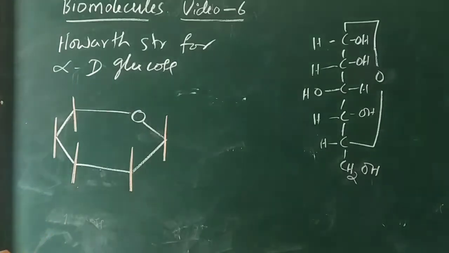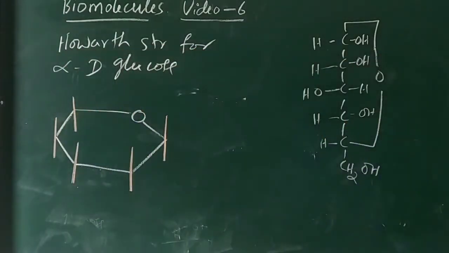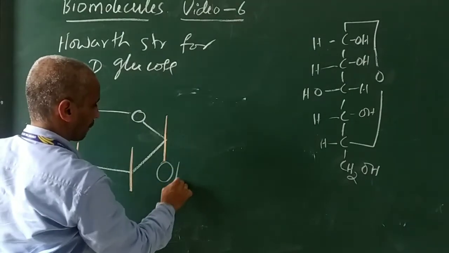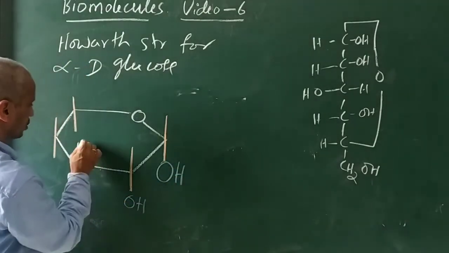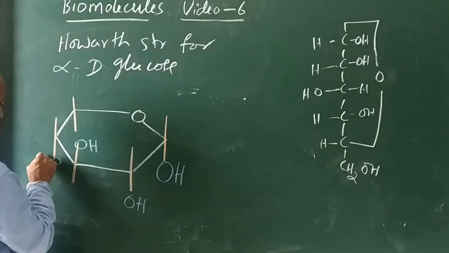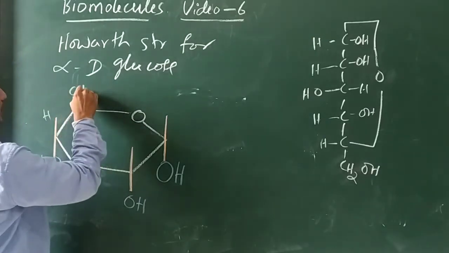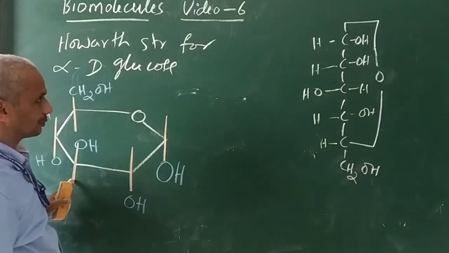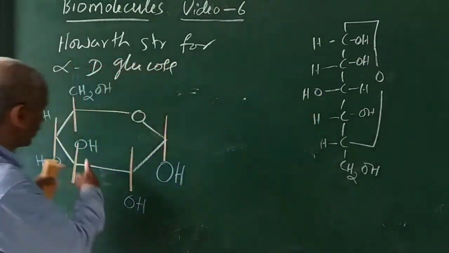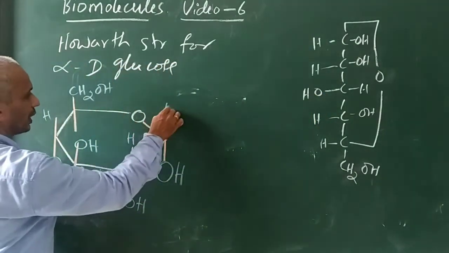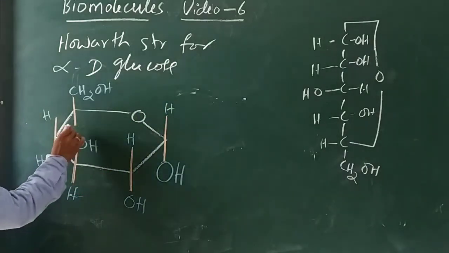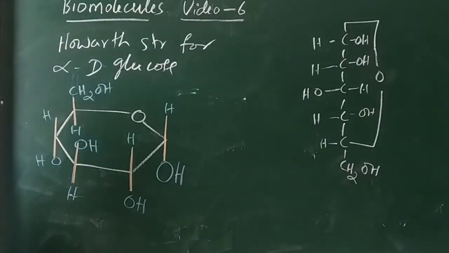While writing, whichever OH is on the right side will go downward: OH, OH, OH, OH, H, CH2OH, downward. Whereas the third carbon OH on the left side, write it up. The remaining ones, write with H. This is alpha D glucose.